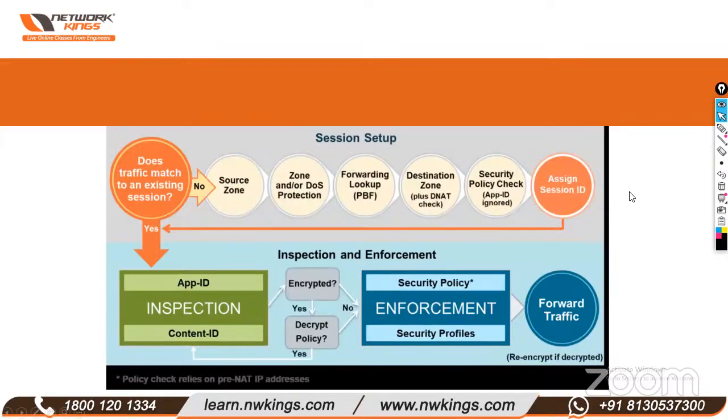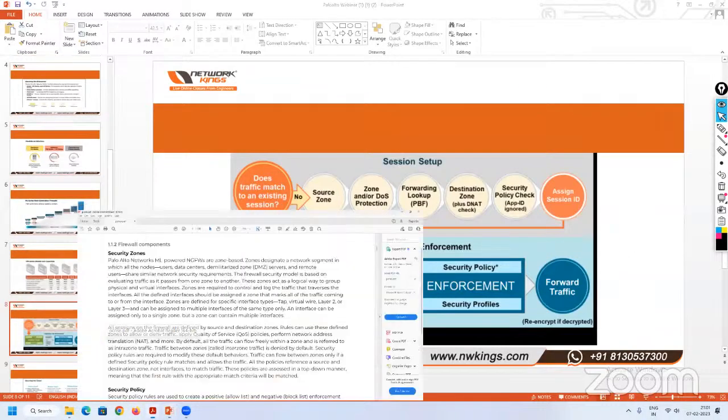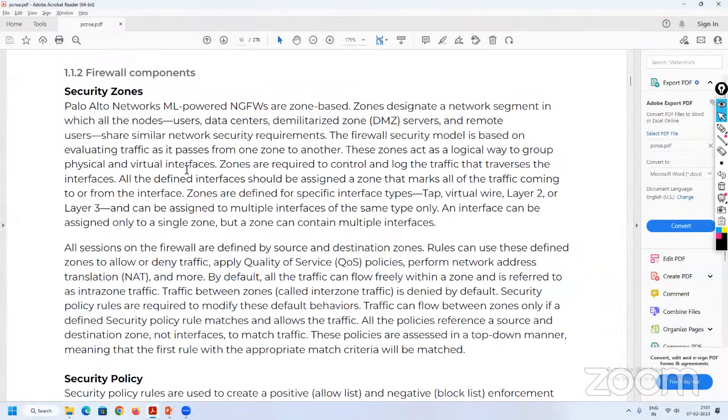Okay. So we'll come to the policy, like how the session setups will be, how the policy processing and the flow will be. Let me first tell you about some of the firewall components, what exactly they are.